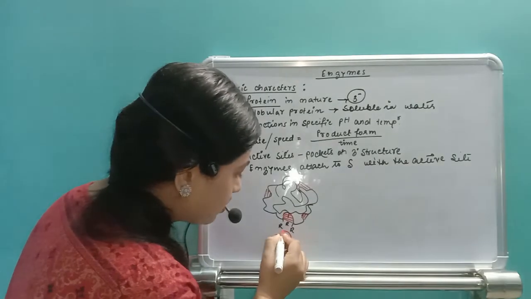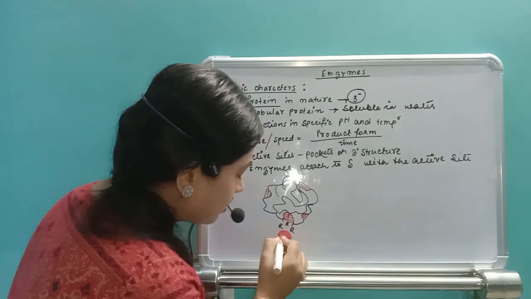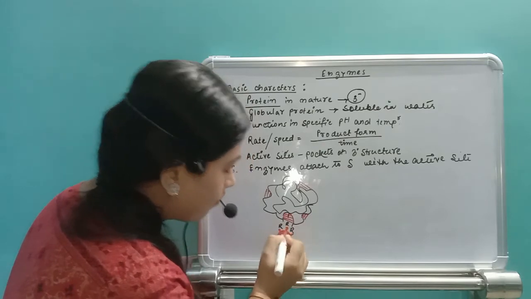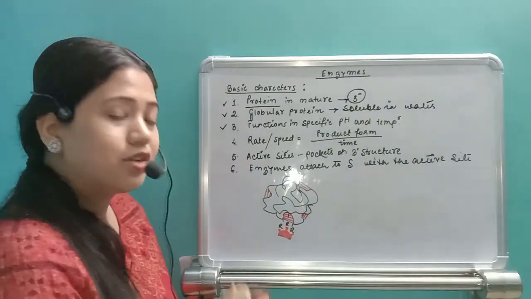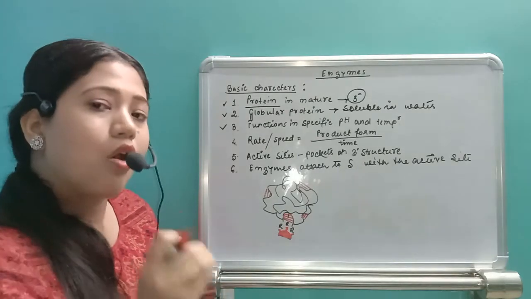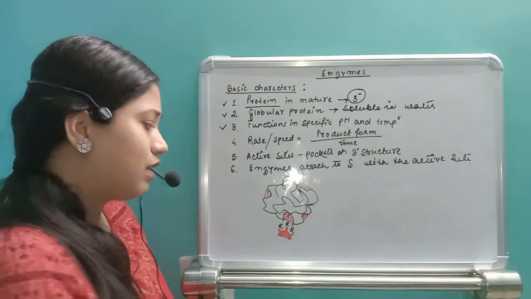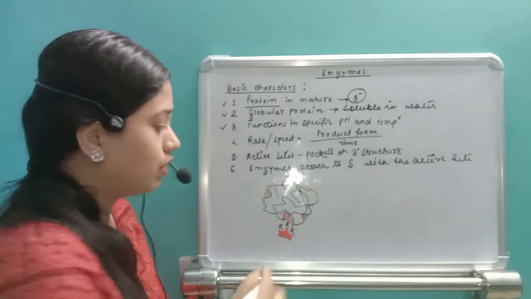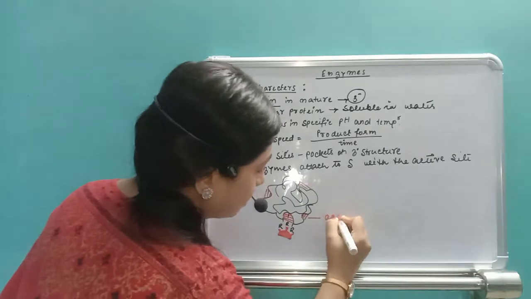Suppose the substrate is here. This substrate can be attached chemically with the variable group, and it will fit into the pocket. So that pocket or crevice where the enzyme can be attached with the substrate is called the active site.